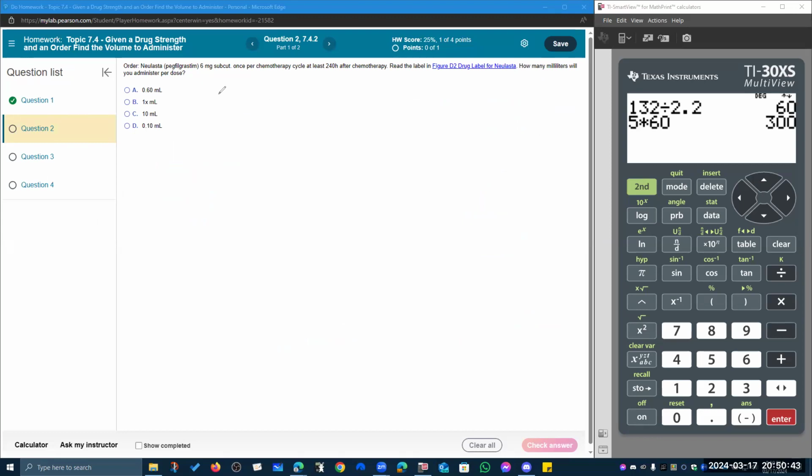This drug is ordered 6 milligrams subcutaneous once per chemotherapy cycle, at least 240 hours after chemotherapy. All right. So read the label. Let's see here.